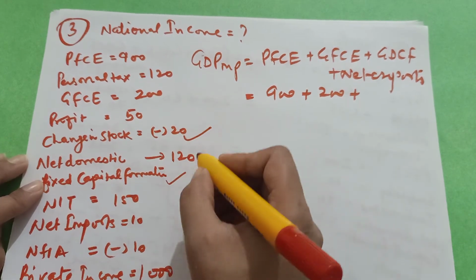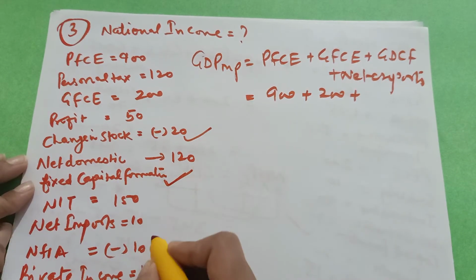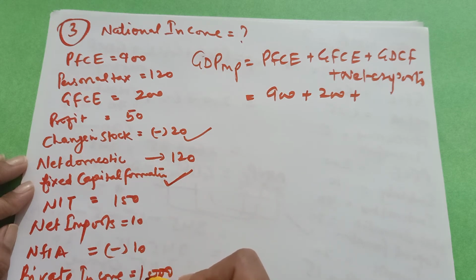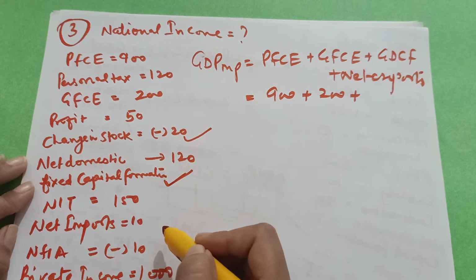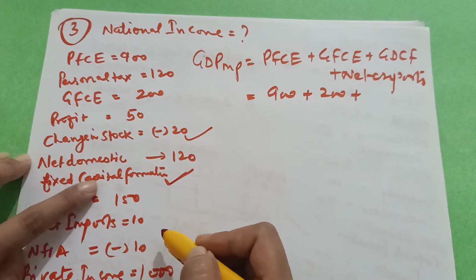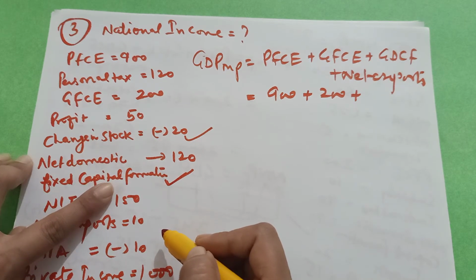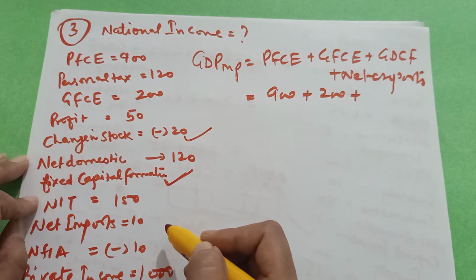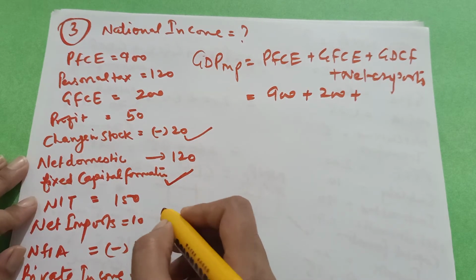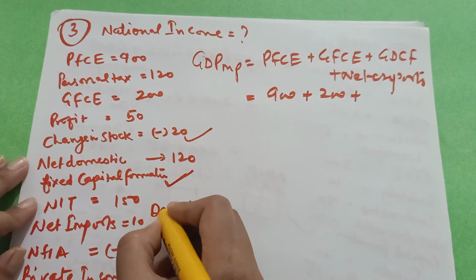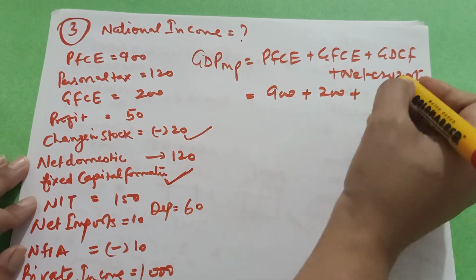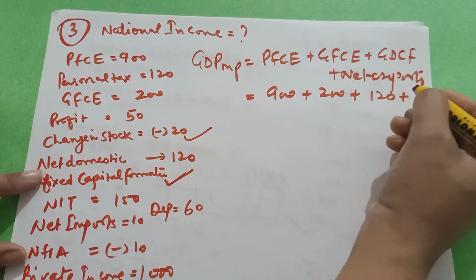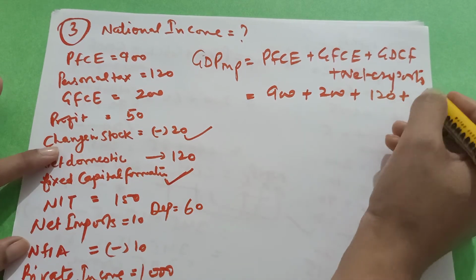Because of fixed, change in stock will come, and depreciation. Where is depreciation? Depreciation is not given separately, but consumption of fixed capital is given, 60. So depreciation is 60. So GDCF: net domestic fixed capital formation 120 plus change in stock.